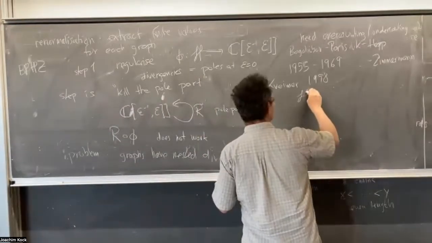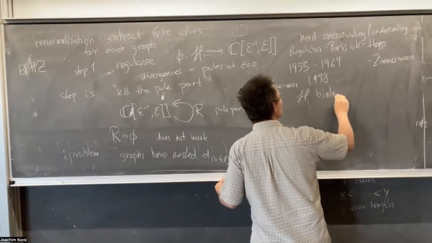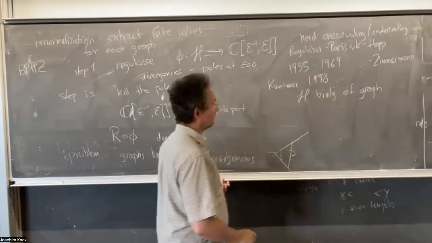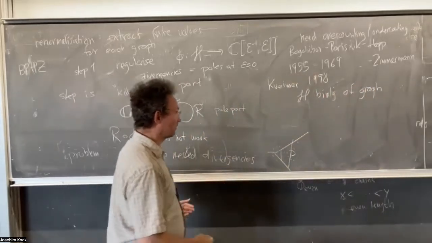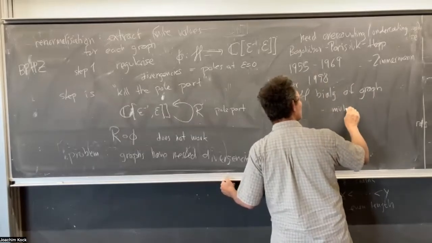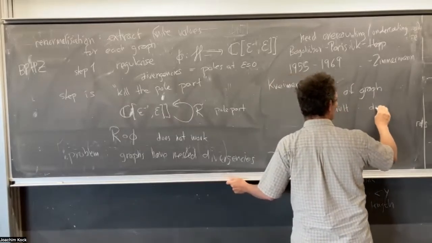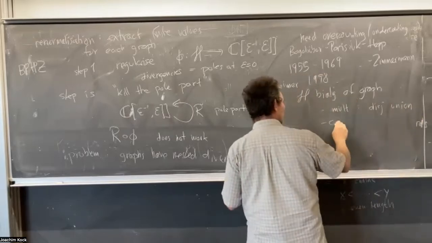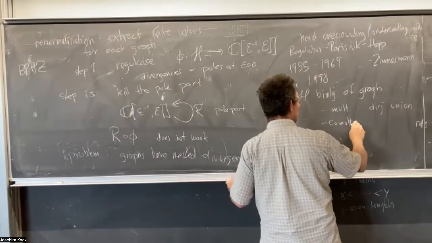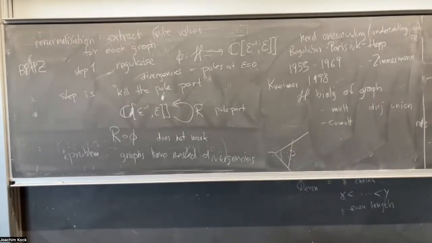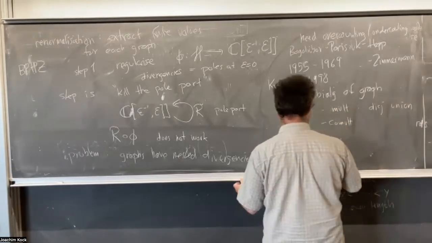So recall that a bialgebra is at the same time an algebra and a coalgebra. So the multiplication here is just disjoint union of graphs, and the co-multiplication is the interesting part. That's what disentangles all these sub-divergences. So it's given as follows.